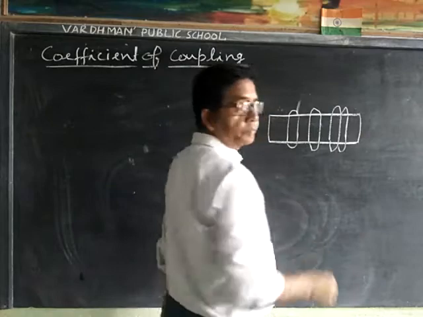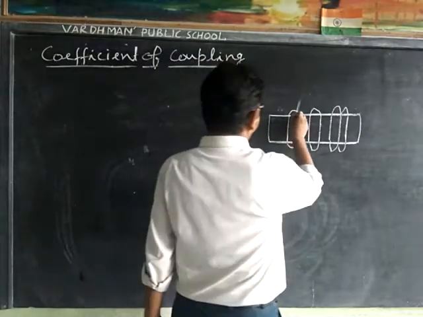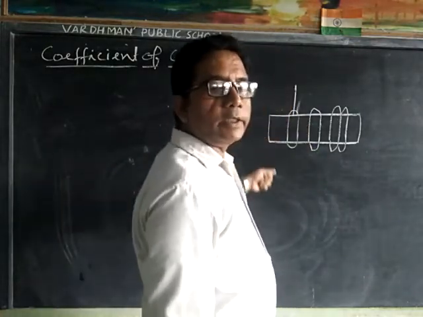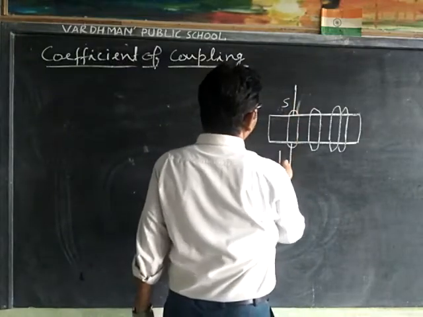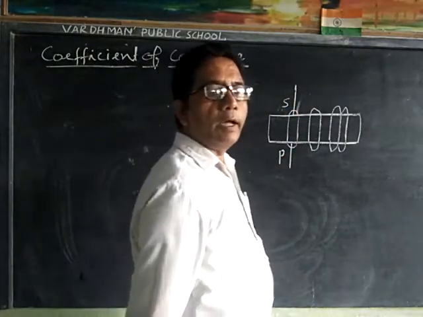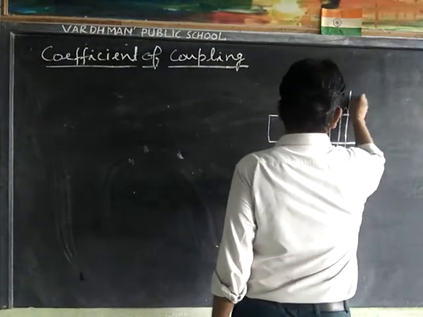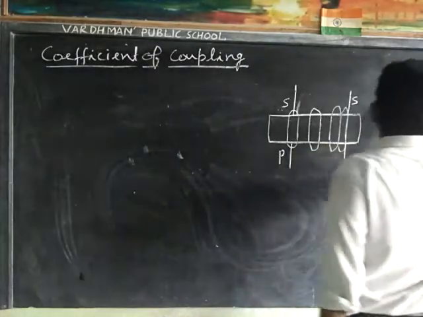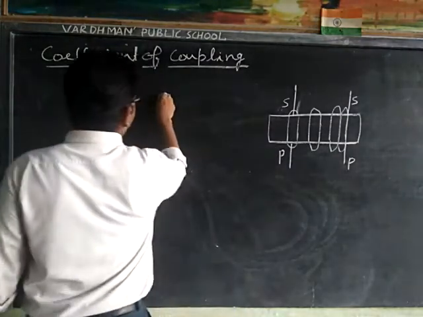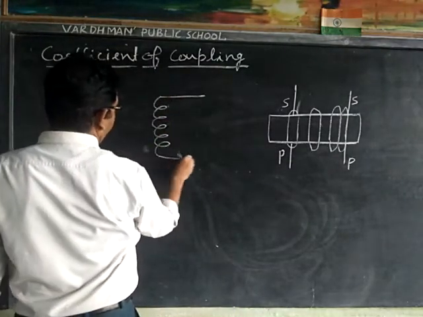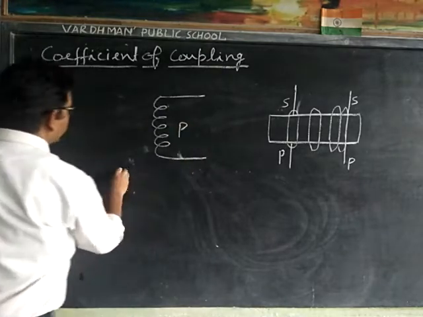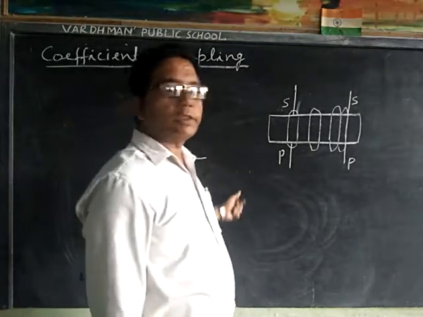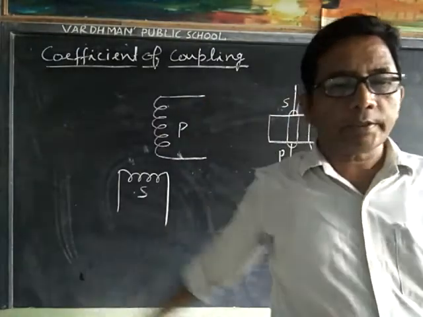This is secondary and this is primary. Now if two coils are perpendicular to each other, this is the primary coil and this one is the secondary coil.